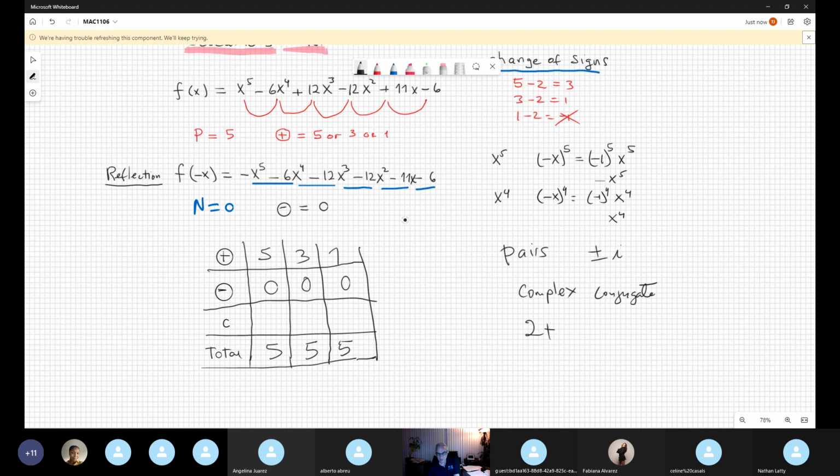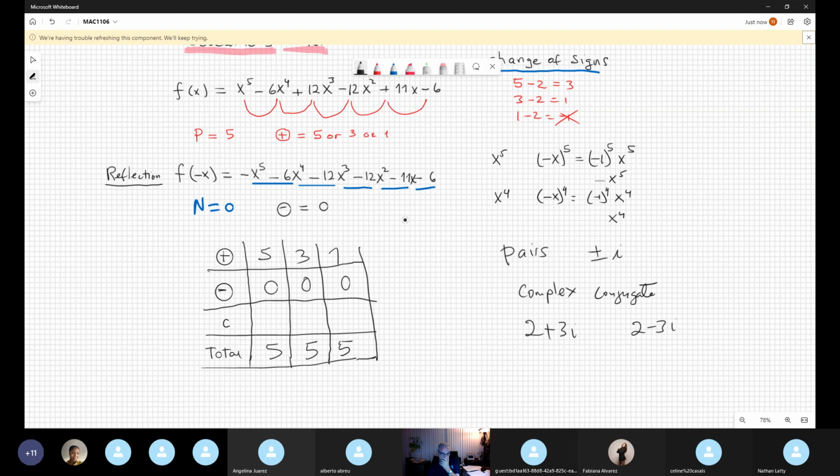Suppose 2 plus 3i, then 2 minus 3i. So it's impossible in one polynomial with real coefficients to have 2 plus 3i without its conjugate. So the number of complex zeros is 2 or 4 or 6. It's even, because they come like a marriage, husband and wife.